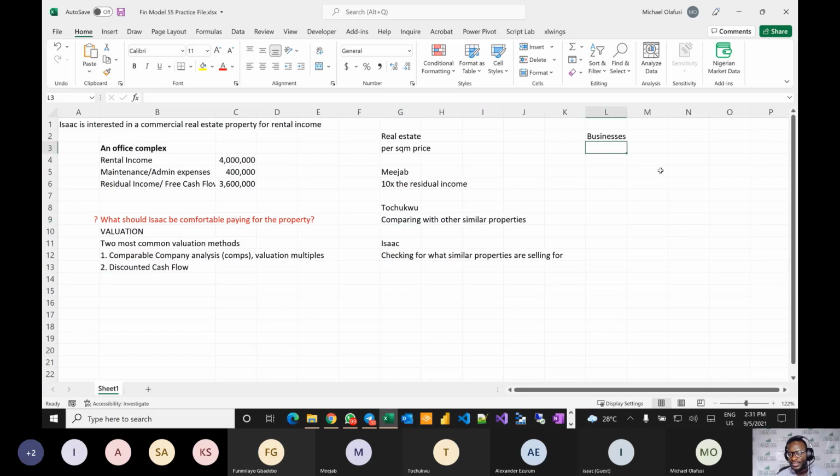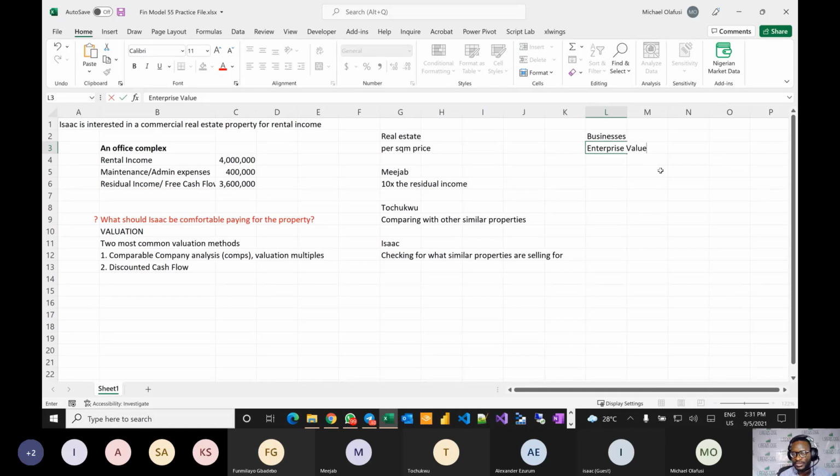So good. In businesses, right? What's the equivalent? It's called price per revenue. So this price per revenue, which for a land or a building, you will say the price of the property. Actually, we call it enterprise value.